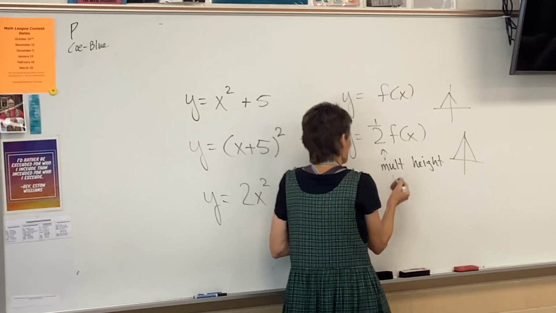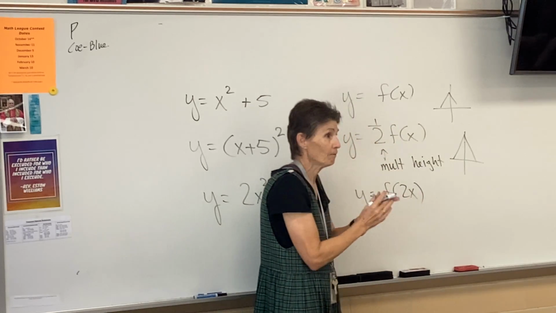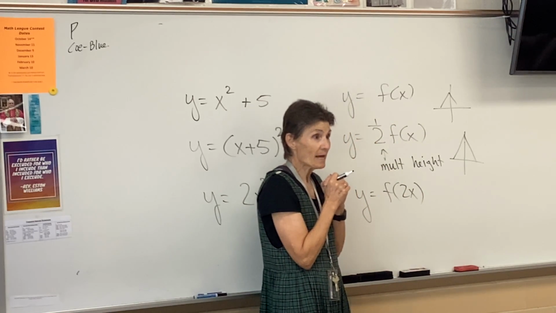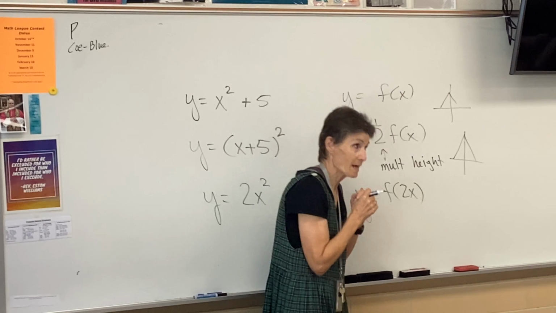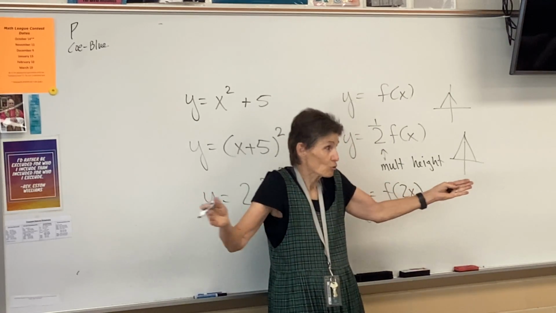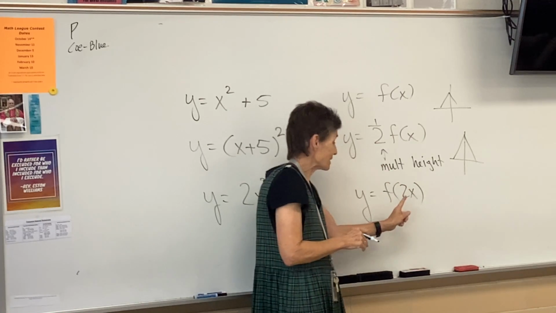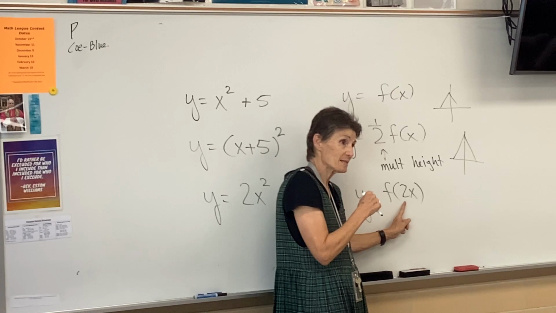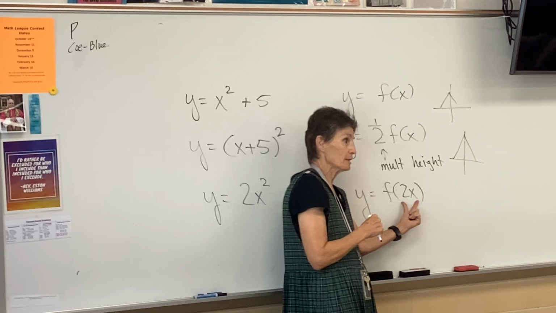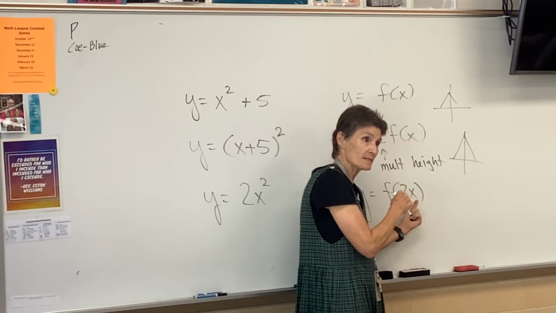If you put that 2 on the x itself, then it becomes a horizontal dilation. It's going to stretch or shrink this way. And remember what I said about things on x? They do the opposite. So this is actually going to divide the x's.